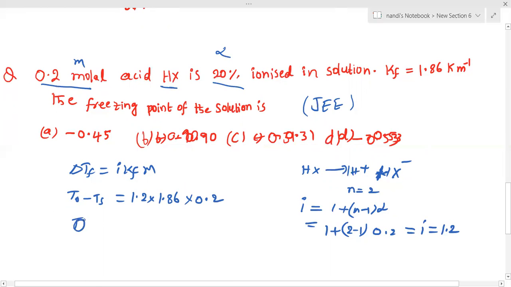You can write 0 degree centigrade minus Ts equals, by solving this you will get 0.45. Then Ts equals minus 0.45. So this is your answer. So first write the formula, identify the terminology they gave, then substitute in the formula, that's your answer.